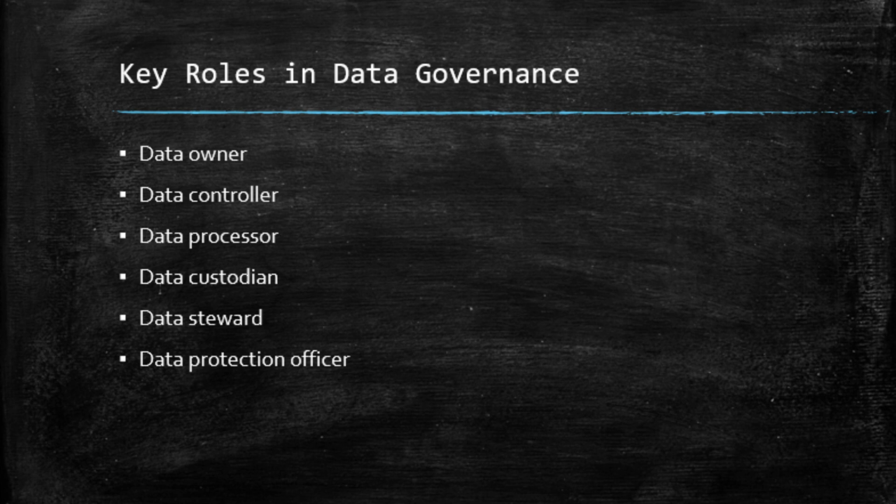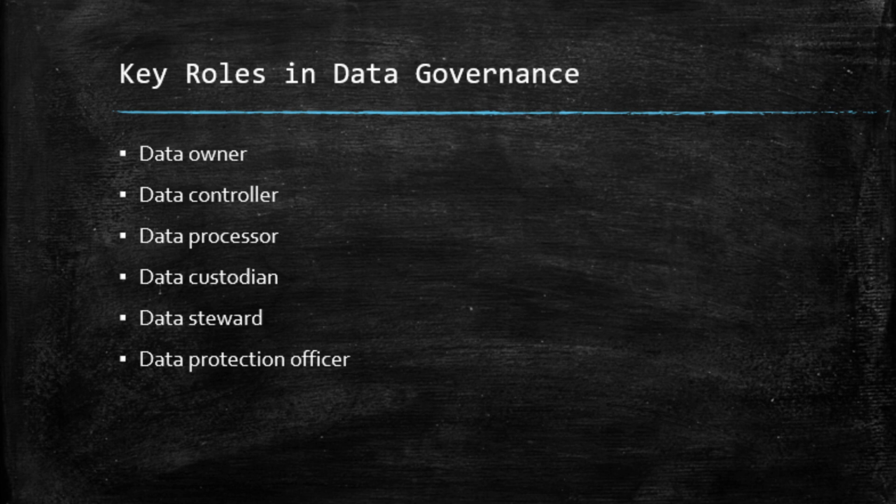The first role here is data owner. This person ensures compliance with the policies and procedures, assigns the proper classification to information assets, and determines the criteria for accessing these assets. Okay. So next we have data controller.